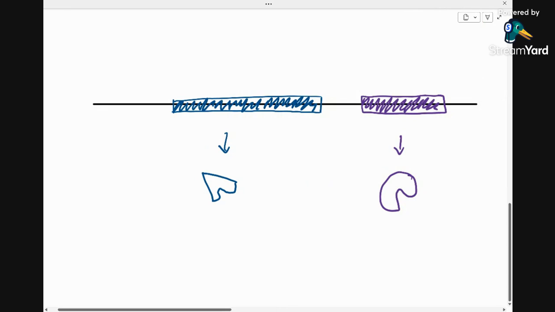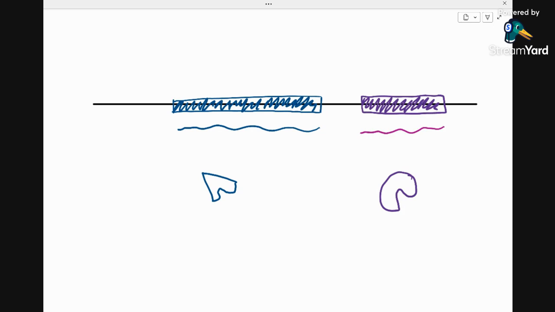The key thing is to understand that although I've color-coded them in boxes, in real life, this is just a sequence of A's, T's, G's, and C's. And the trick for transcription, because don't forget, we want to make the intermediate step here, is to make an mRNA molecule that corresponds to this gene here, and one that corresponds to this gene here. We do that by the process of transcription, and we need to recruit RNA polymerase at the start of each gene to begin transcription.